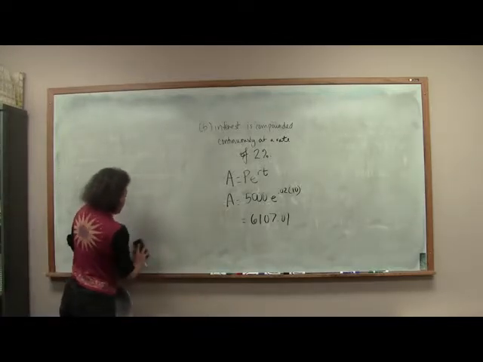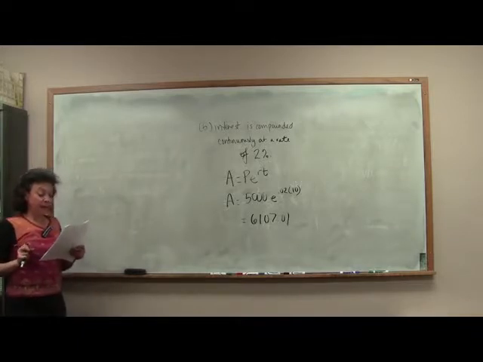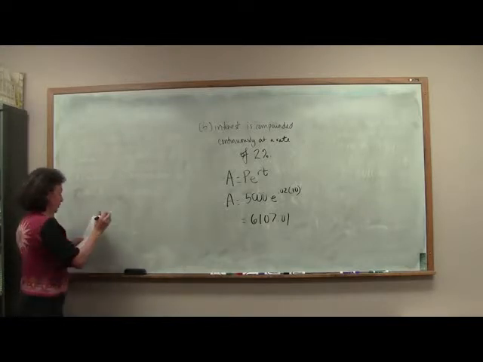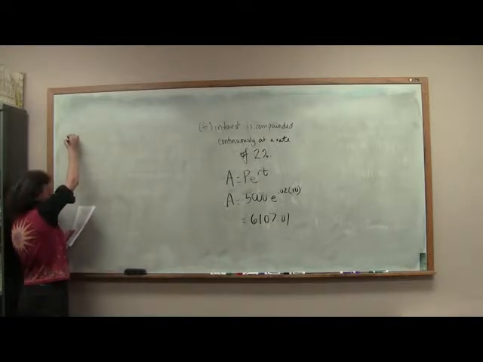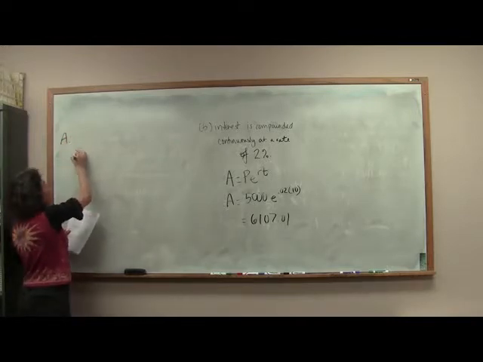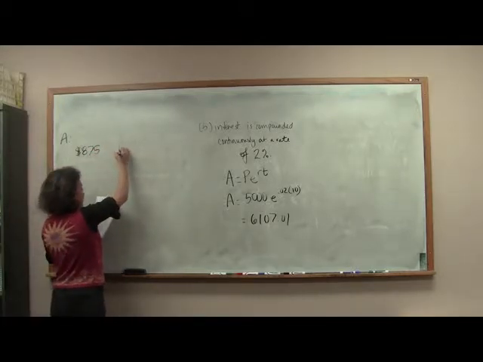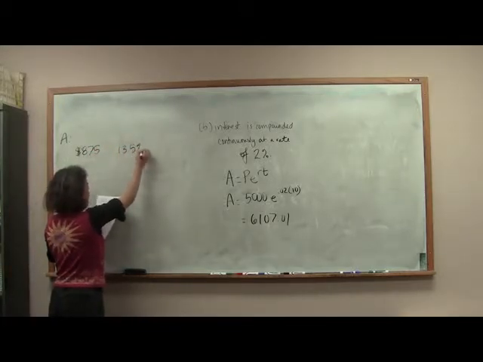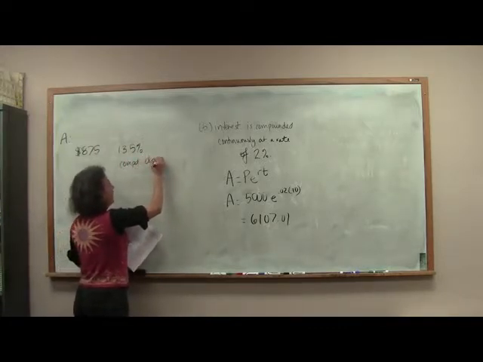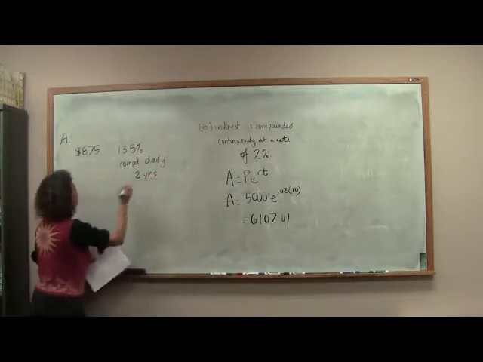I want to know which is the best and worst investment after 2 years? Okay? So, we have investment A. Investment A, we're depositing $875 at 13.5%. Oh my gosh, this like does not happen. Compounded daily for 2 years.